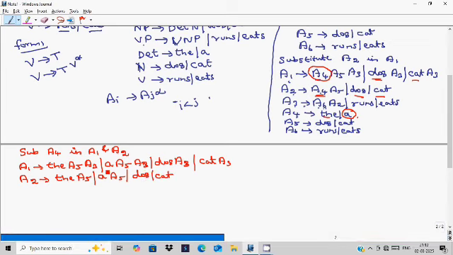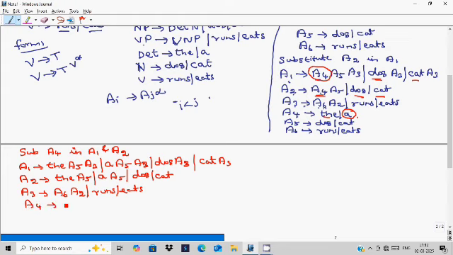So now we will rewrite the remaining productions. So A3 tends to A6 A2 bar, then runs, then we have eats. Okay. The last one is A4.